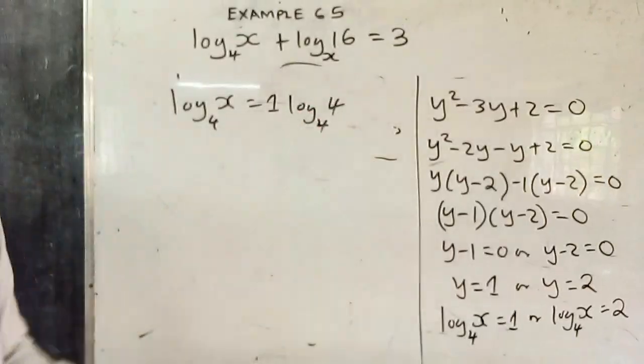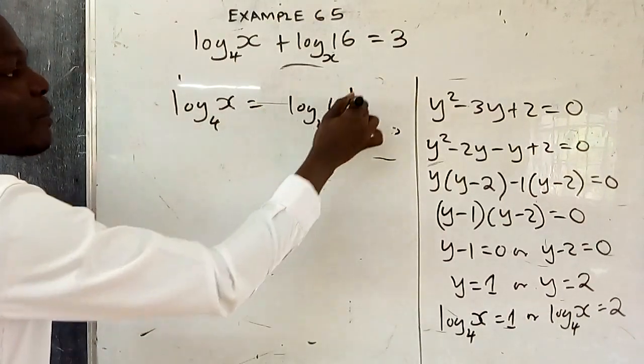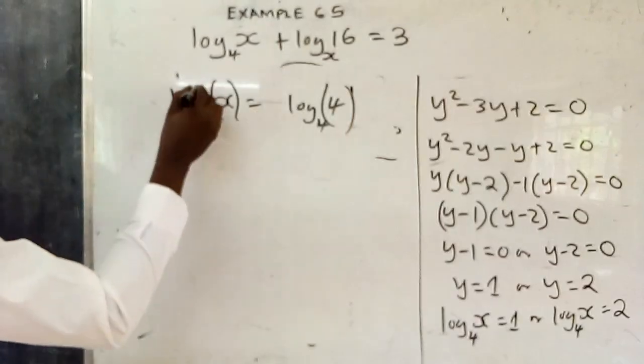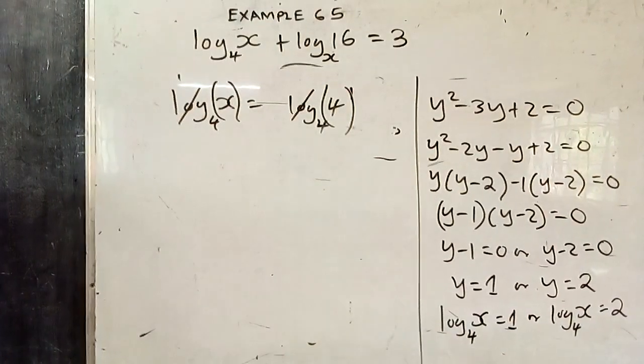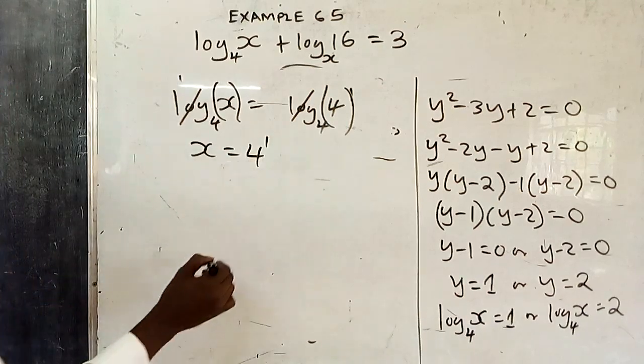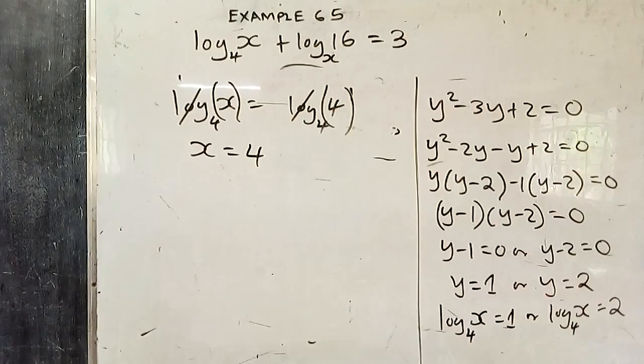A log of a number to the same base is 1, so that this coefficient 1 becomes the power. So you see, you have a single term on both sides, meaning you can now ignore log to base 4 on the other side of the equation, isn't it? Then you remain with x equal to 4 raised to power 1, which is just 4. You see, you can use the definition or laws, isn't it?